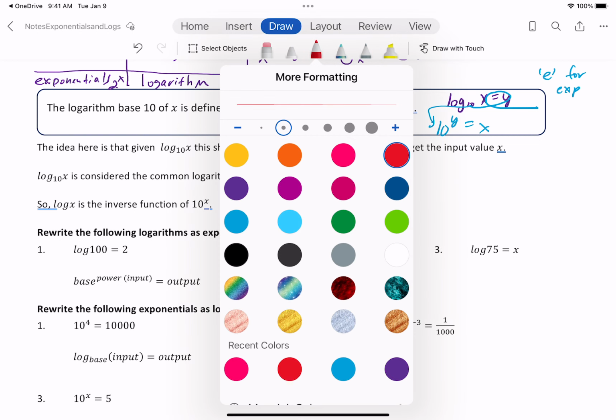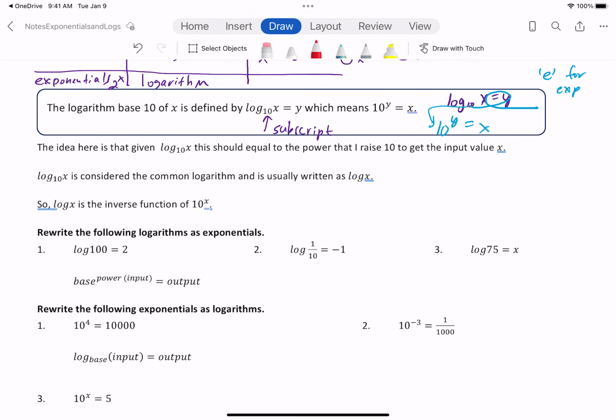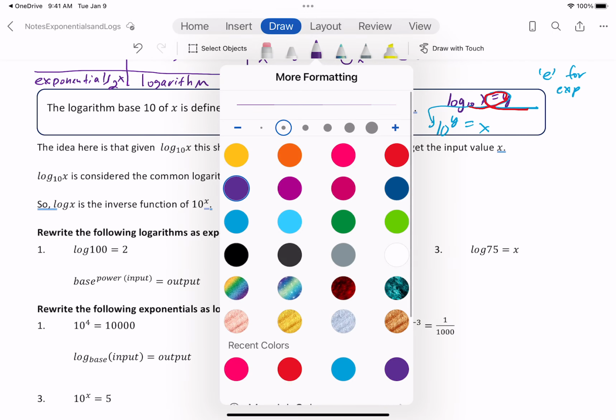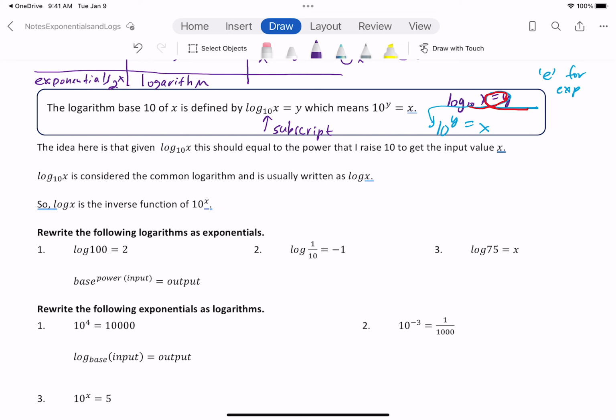So I'm following this around. We start with the base. It's raised to the power y equals x. Okay? So we're going to need to be able to go back and forth between logarithm expressions and exponential expressions, and this is the way we do it.